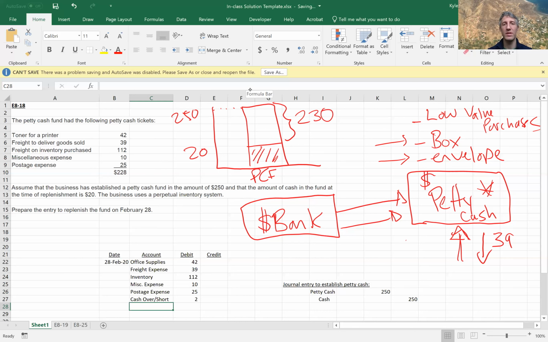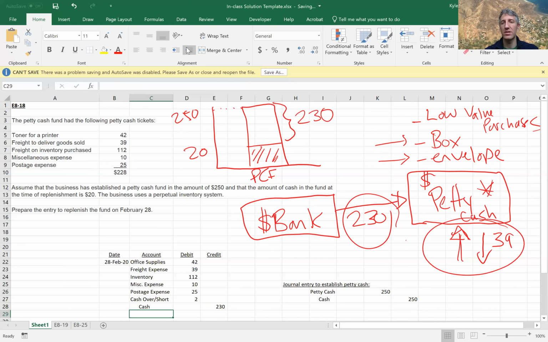So they have to go to the bank to withdraw $230 to put that money back into their petty cash fund. Since they have to physically go to the bank and withdraw it, they're going to be crediting their cash bank account by 230, and that goes back into petty cash to bring it to 250.